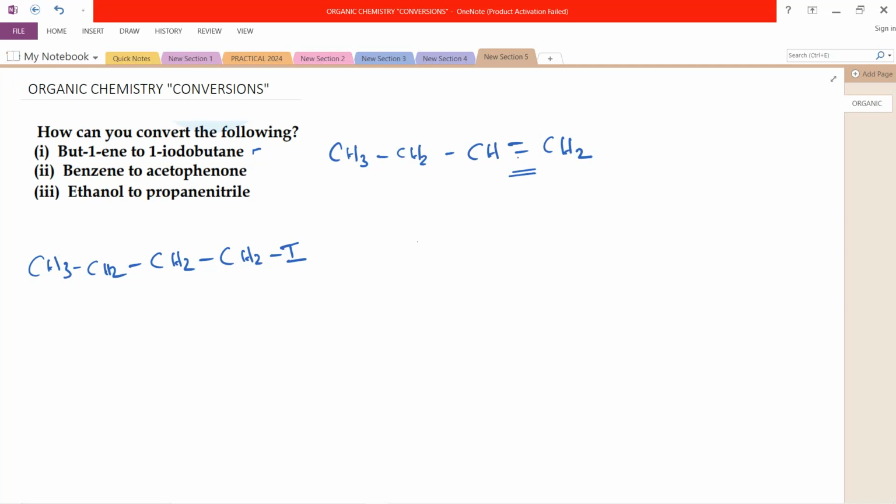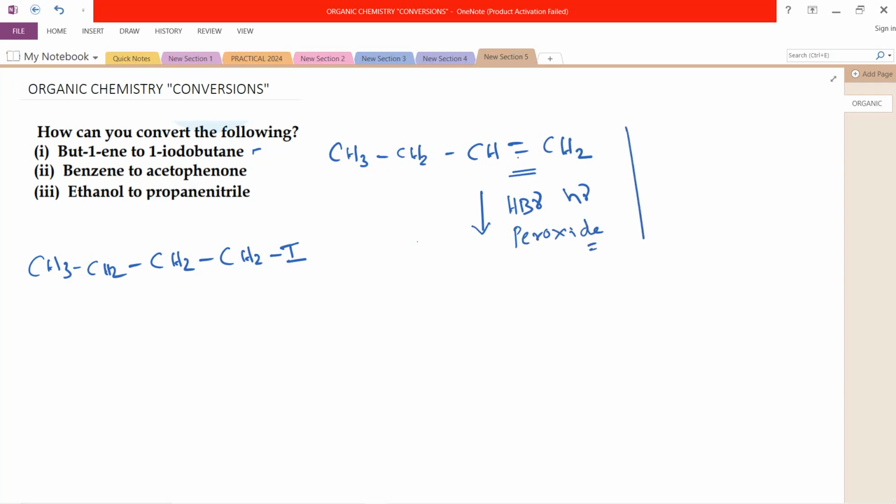First of all, we have to convert it into the corresponding bromide. That is, this can be treated with HBr in the presence of light and peroxide. Peroxide in the sense anti-Markovnikov rule.